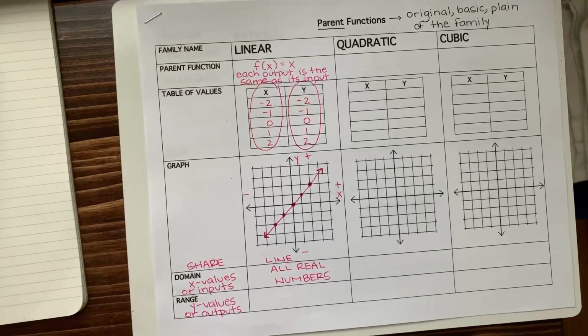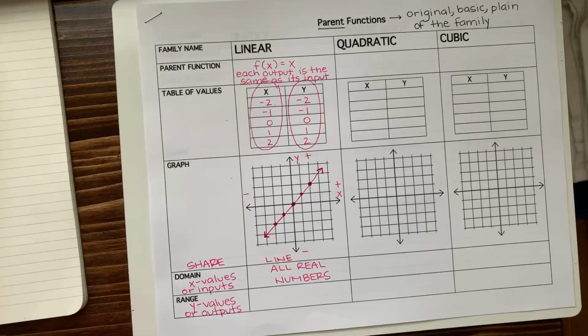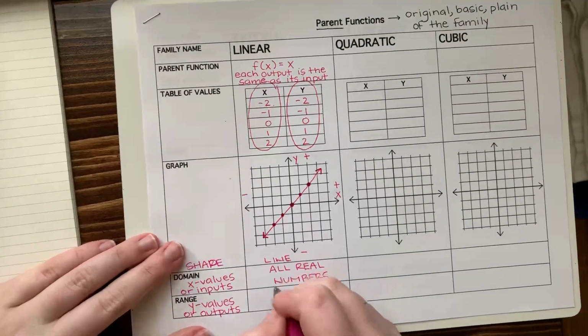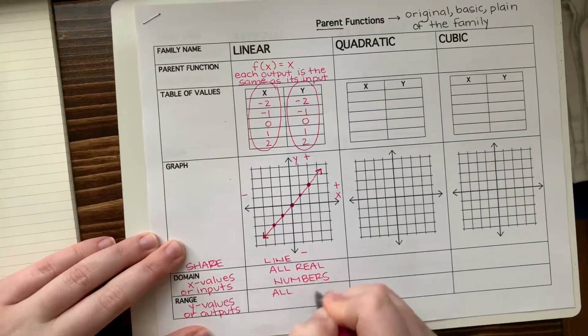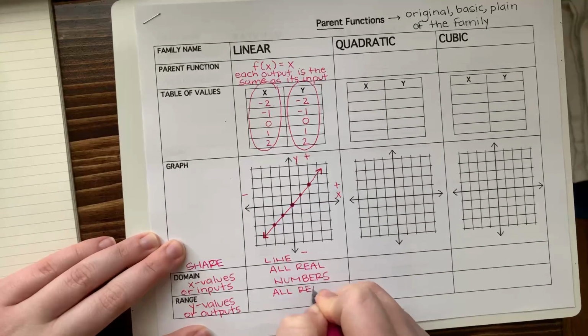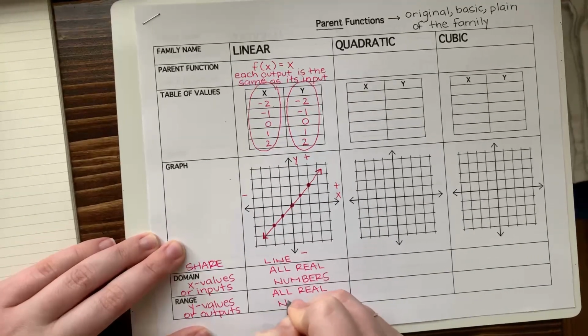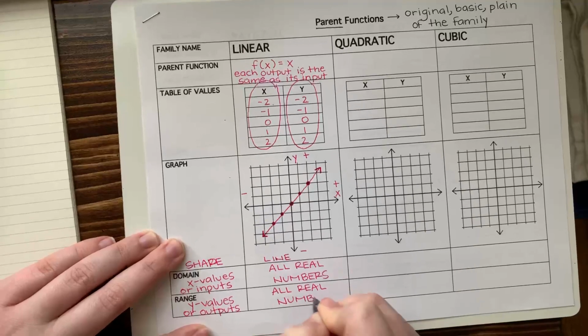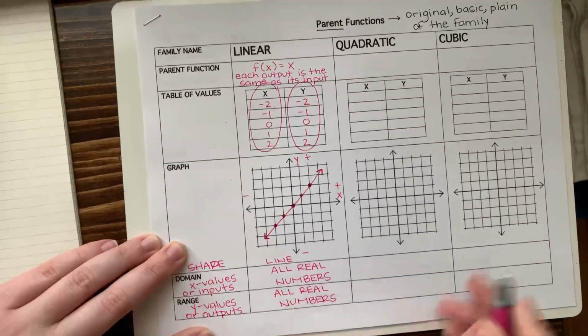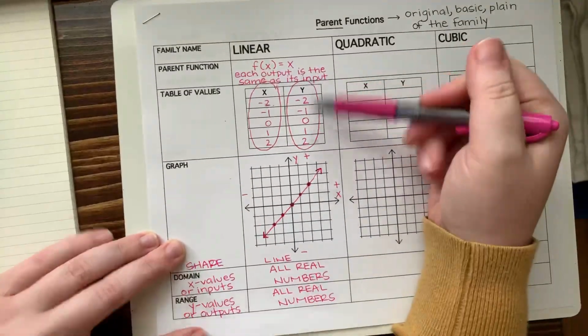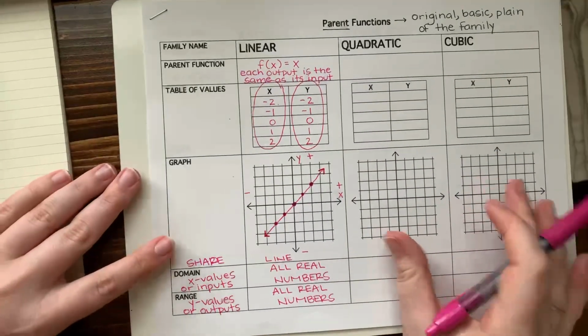Remember a couple weeks ago we talked about predicting the domain, and in some cases we have to exclude or leave out certain numbers, but for our linear parent, everything works. All real numbers for both the domain and range. Because if we can input anything, that means we're going to output because the outputs are the same.